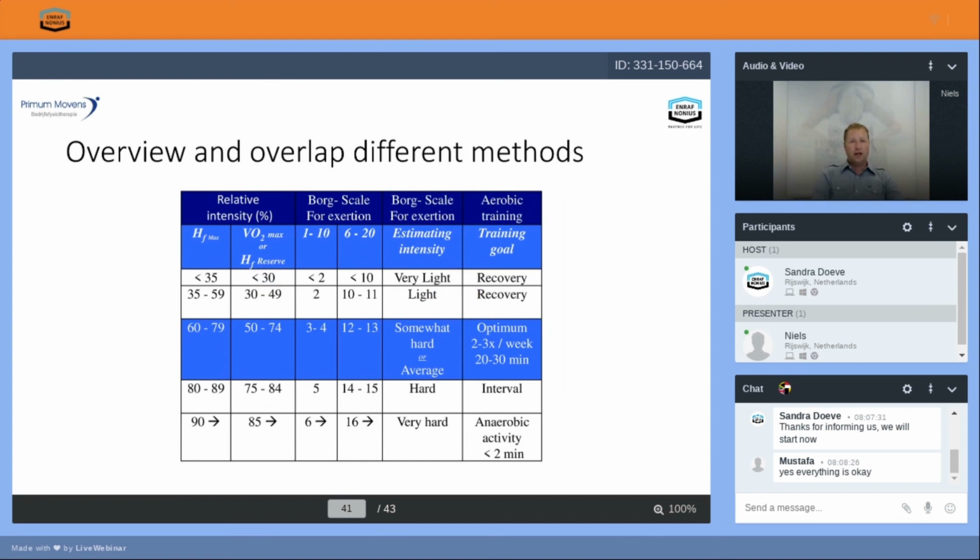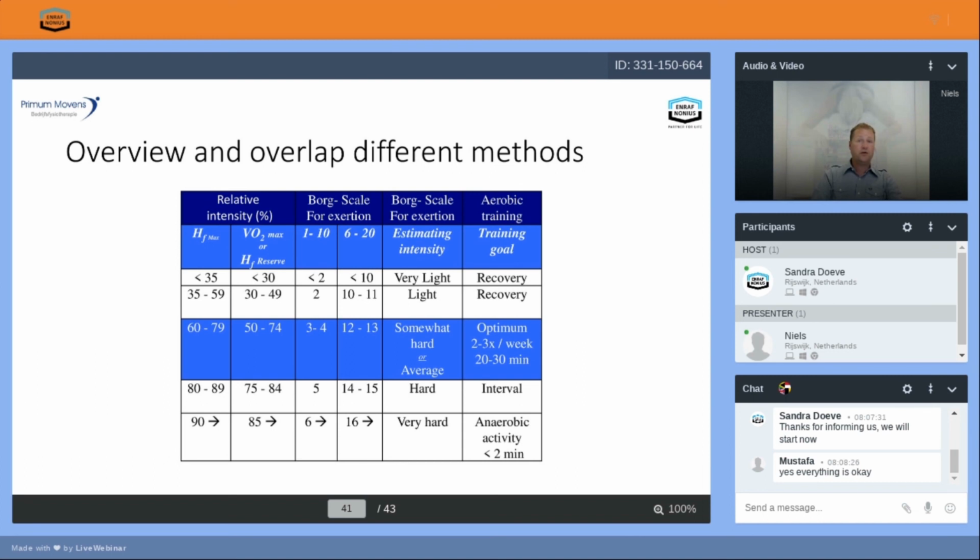This next sheet that I have here, this table that I'm showing, shows an overview and overlap of the different methods. On the left hand side, you see the maximum heart rate frequency method and percentages related to the intensity.